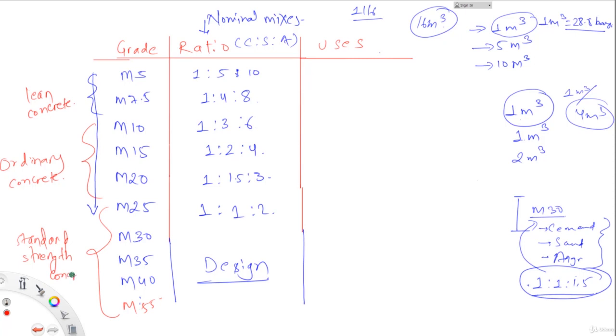And M60 and above is known as high strength concrete.